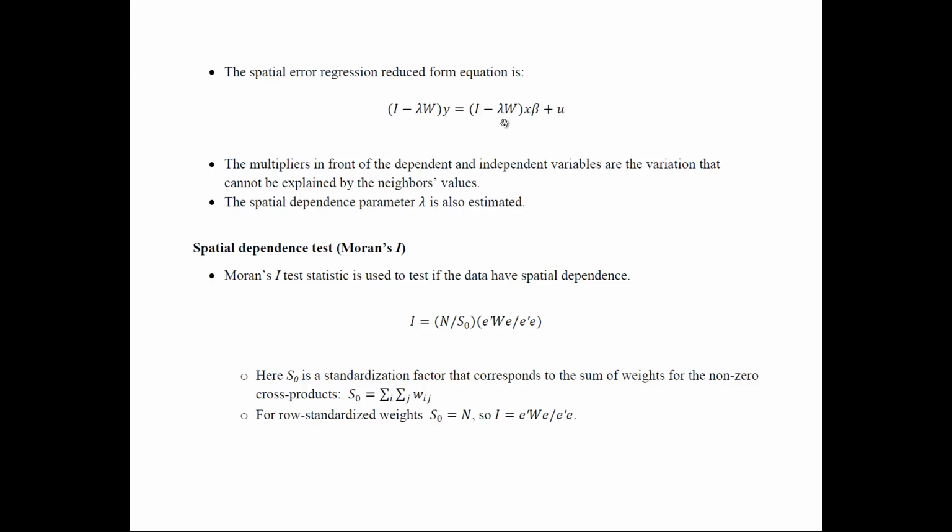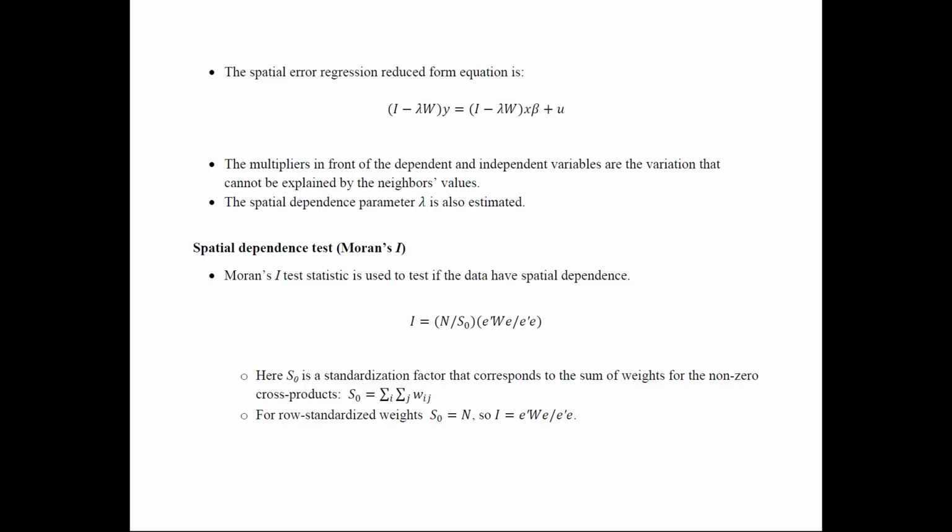So in this case, we would be explaining the variation that's left over after we remove the effects due to the neighbors, and also the independent variables would be plugged into the equation after we remove all the variation due to the neighbors. And so we just have the pure effects after we account for these spatial effects.